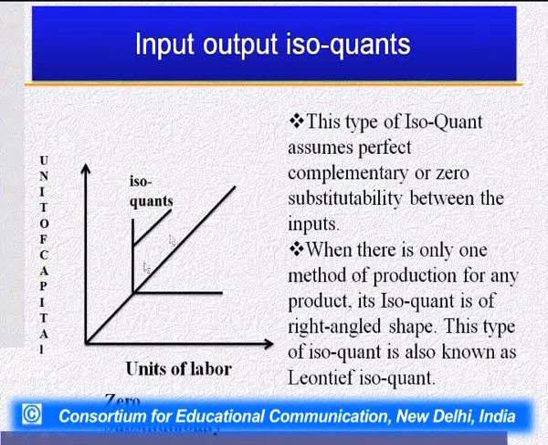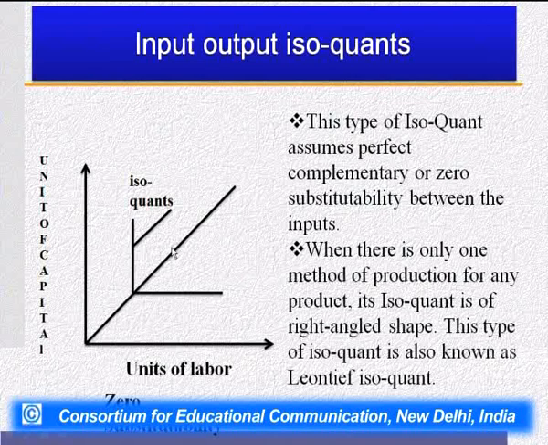Here you can see the isoquant figure is a right-angle shape, with units of labor on the x-axis and units of capital on the y-axis.